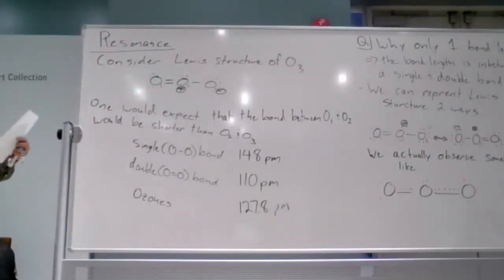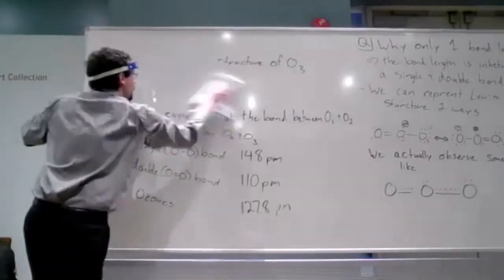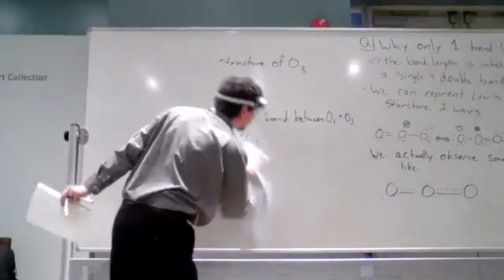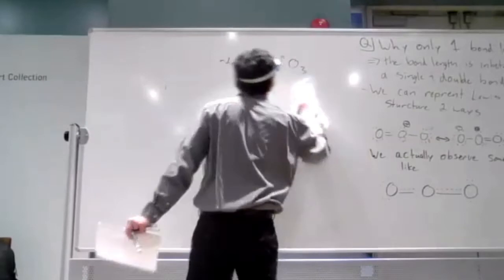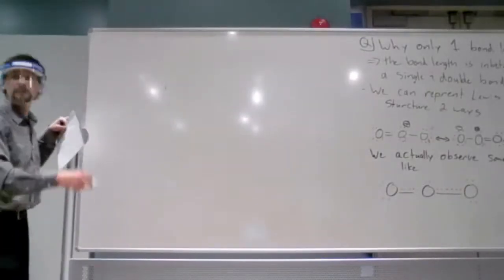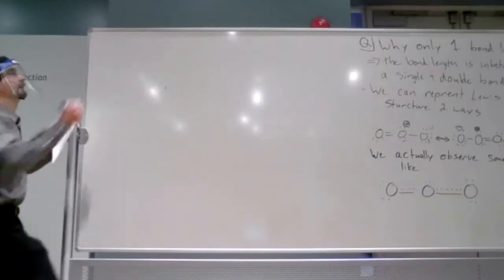So what's happening here? Well, this is just an inadequacy of Lewis structures. Sometimes we use the term the bonds are alternating. The bonds really aren't alternating.